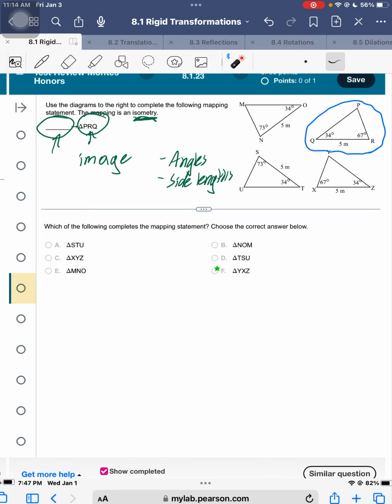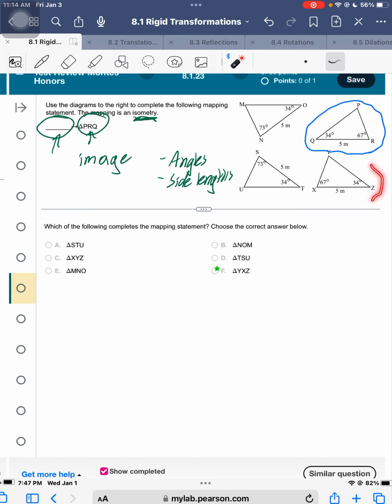So automatically, whatever does not have angles of 67 and 34, I can take out, right? So 67 and 34. Okay, so this guy's gone, this guy's gone. And now this 5 meters also has to be between the 67 and the 34. So the only one that's acceptable is this guy.